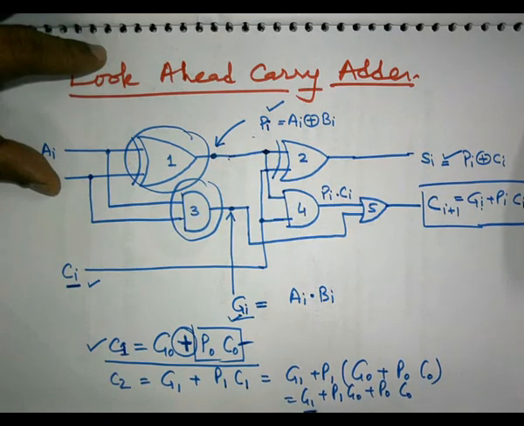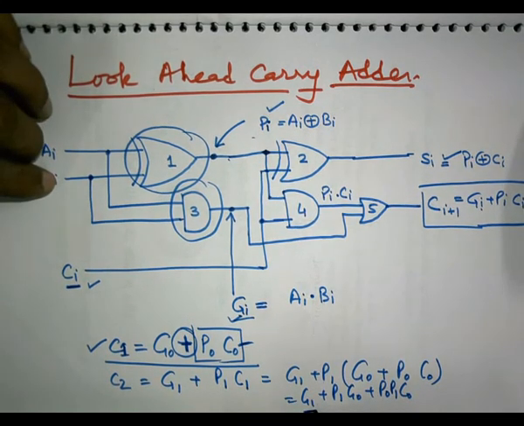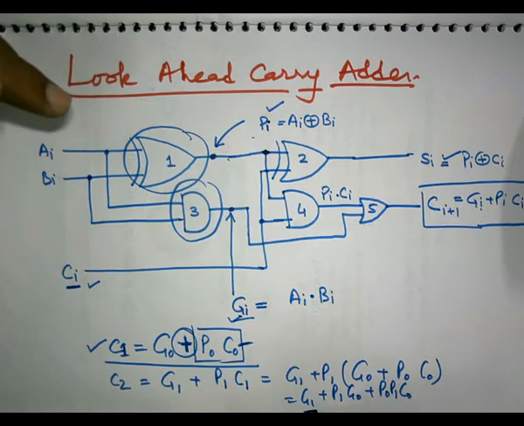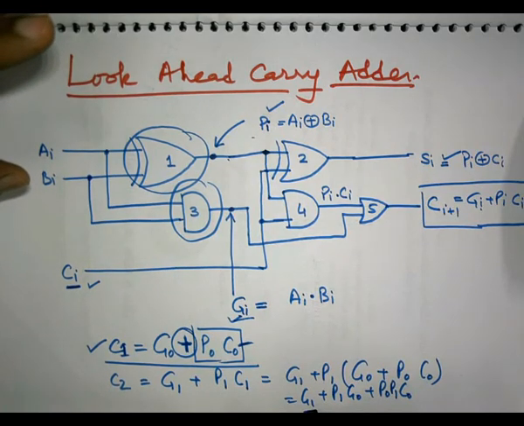You look at the generation of this G1, this P1, this P0 P1 C1. Okay, this G1 is generated immediately after the application of input. After a single gate delay, G1 is generated. You don't have to wait for the generation of this G1.